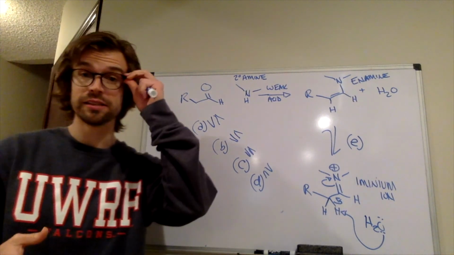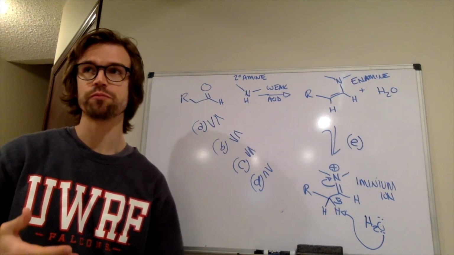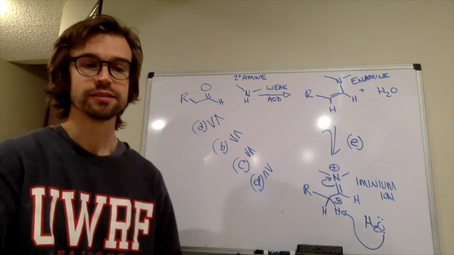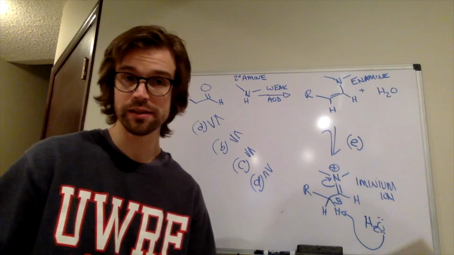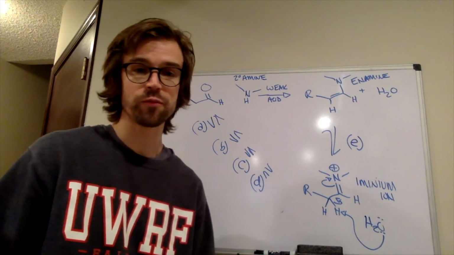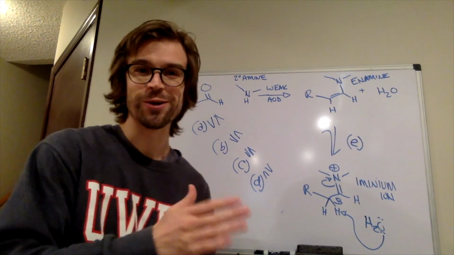Since tertiary amines have just nitrogen-carbon bonds, they cannot produce products the same way that secondary or primary amines do. So that's it. That's all of the amine reactivity with specifically ketones and aldehydes.